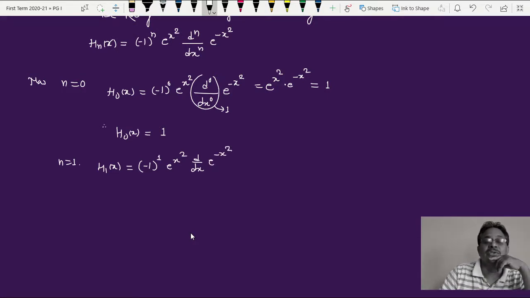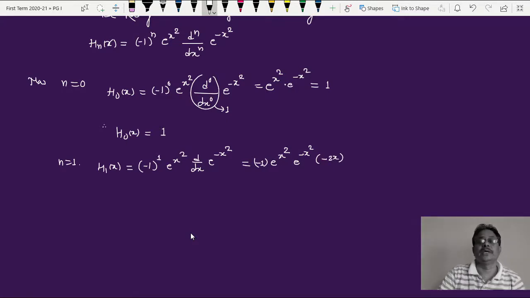So get the differential of this, we get minus 1 raised to 1 is minus 1, this will be there, e raised to x square is there. Now this e raised to minus x square will come out, and the differential of minus x square will be minus twice x.